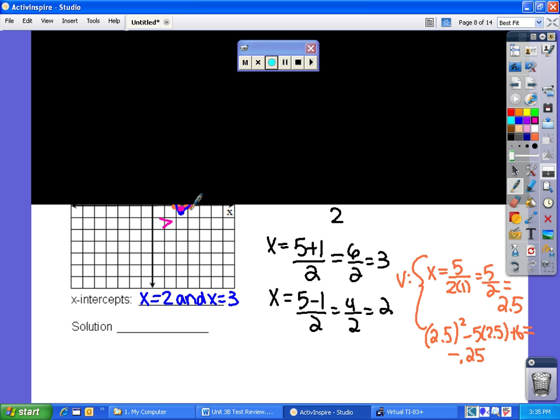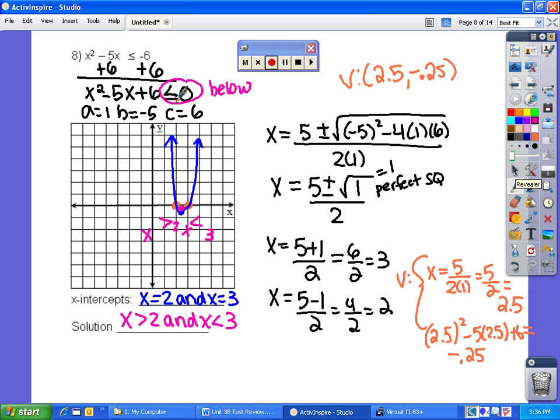And after we leave 3, it goes to the left. Left is less than. So that means x is going to be less than that number, which is 2, and x is going to be greater than that number, which is 3. So you have to look at the direction that happens after you leave. Now, since there was an equal sign here, I have to put an equal sign in my answer.